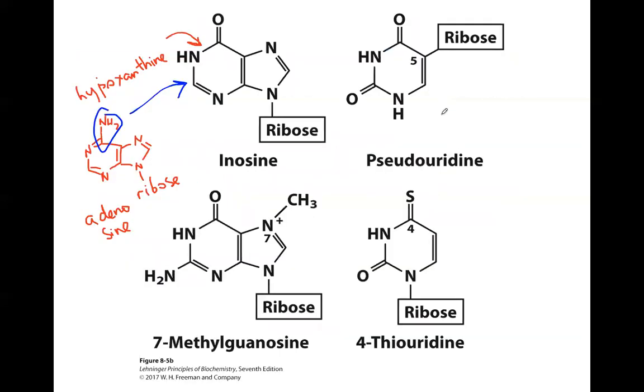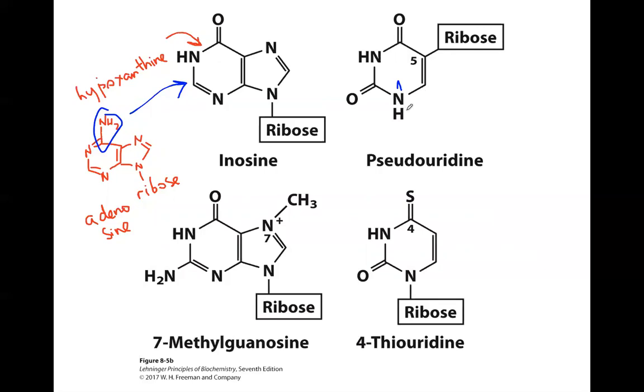So you can see here, normally in the uridine, this is carbon 1, right? And so the nitrogen 1, and the ribose will be linked to this nitrogen at this position.